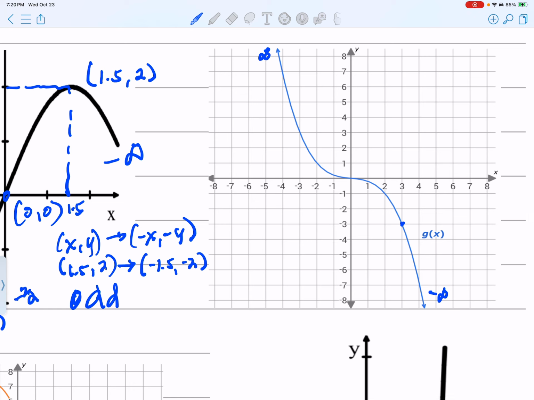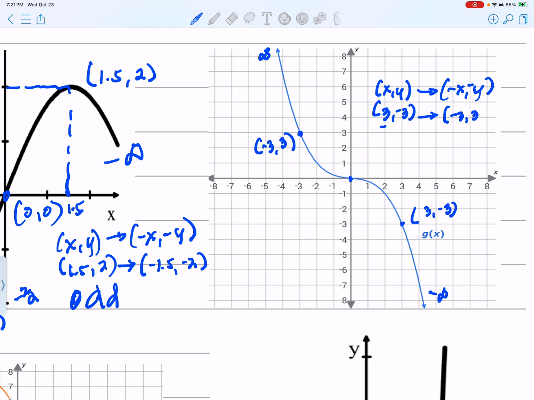So if I choose across the origin, 3, negative 3, and another point right here, it's negative 3 and positive 3. So doing the condition that xy should map to negative x, negative y, if my xy is 3 and negative 3, it maps to negative 3 and positive 3.